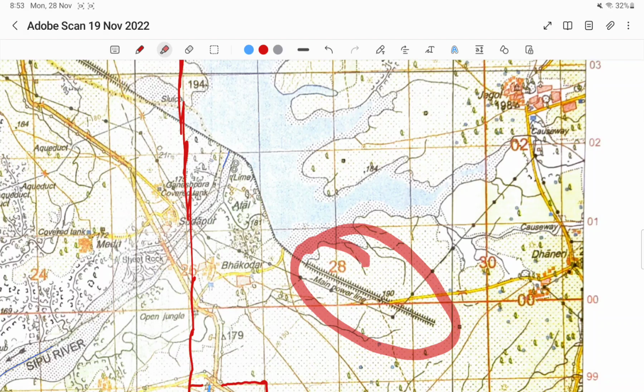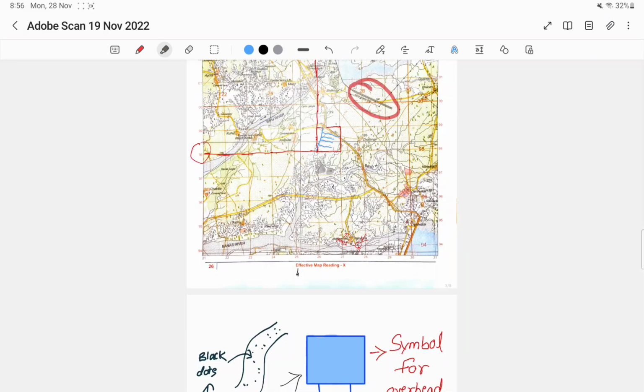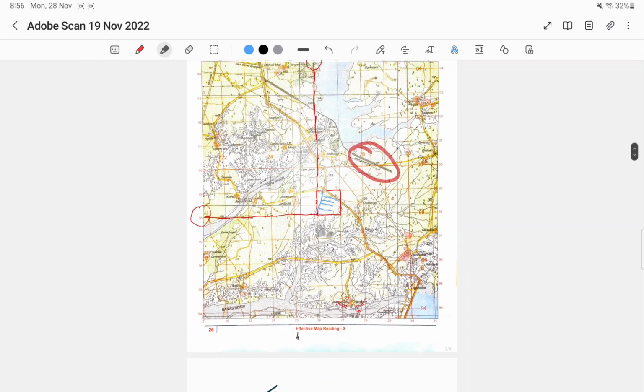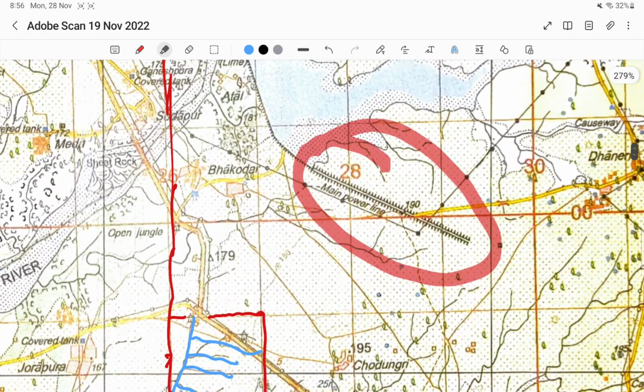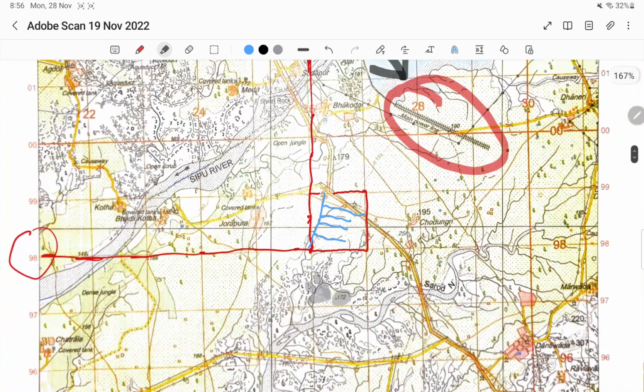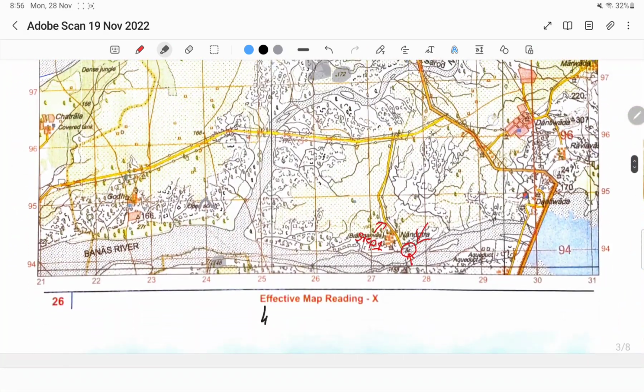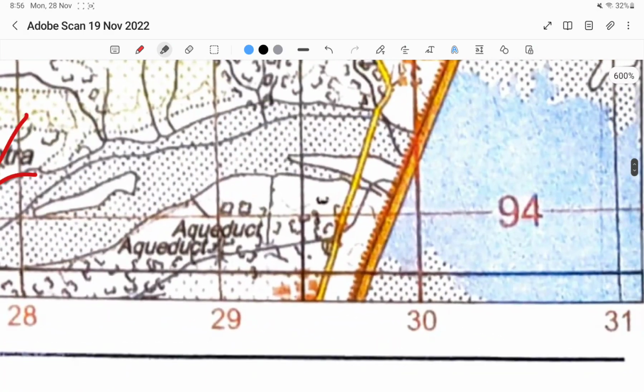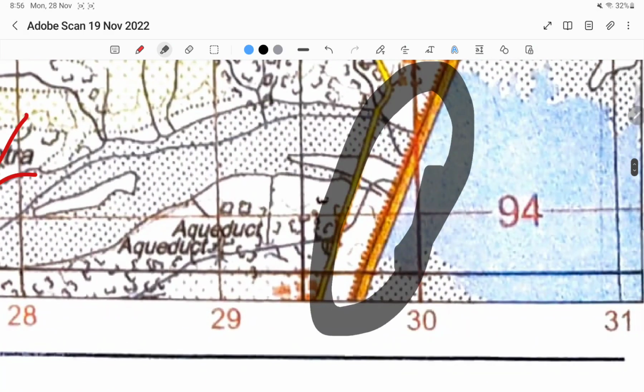Let me search this for you guys. So the next type of dam will be over here. This will be the black one, and the second type of dam is over here. As you can see, this is the red colored one.